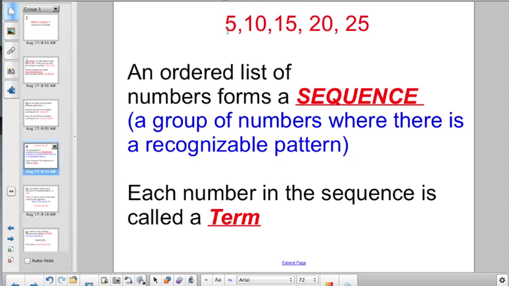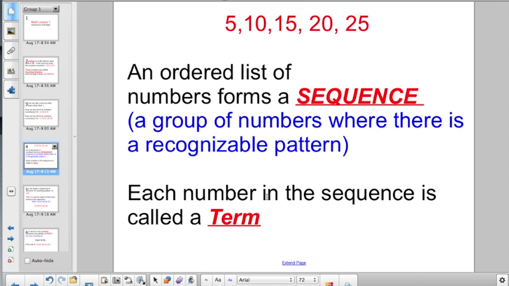So if I take that same sequence when I was counting by 5's, an ordered list of numbers forms a sequence. A sequence is a group of numbers where there's a recognizable pattern. I can look at this and yeah, they're getting bigger, and they're getting bigger because I'm adding 5 each time. Because it's a recognizable pattern, I can call it a sequence.